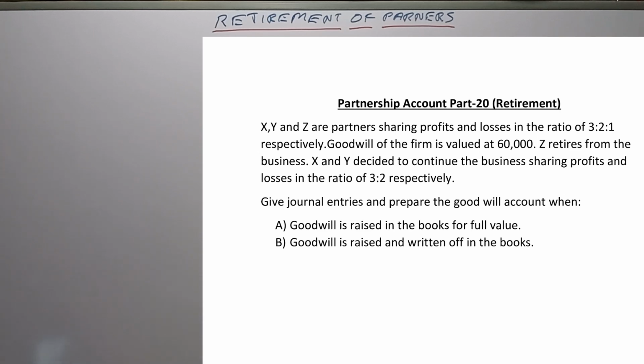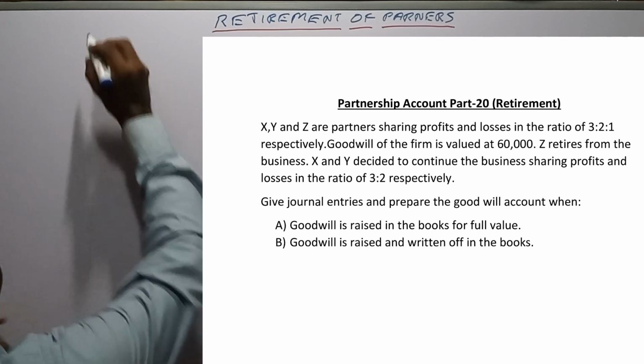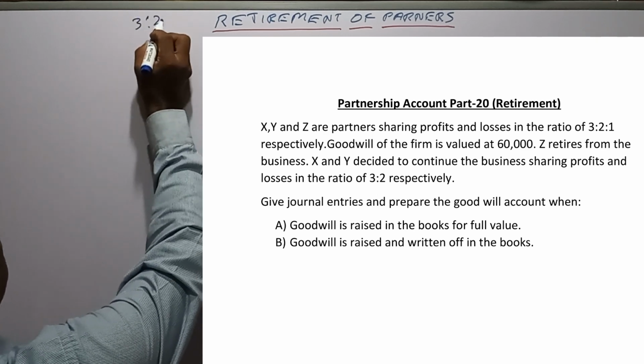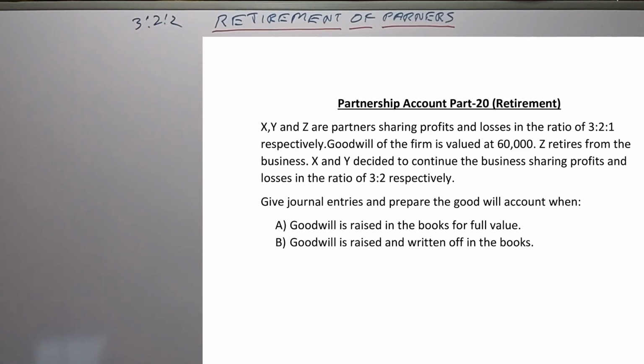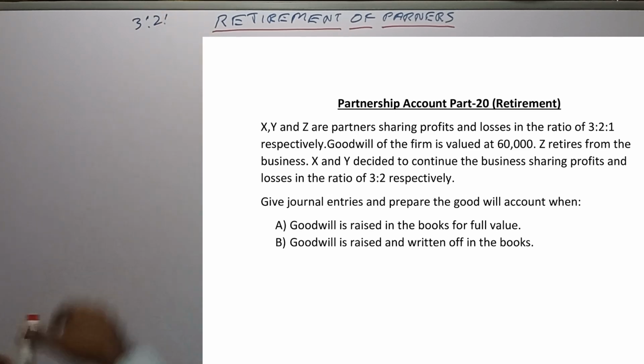X, Y and Z are partners sharing profits and losses in the ratio of 3 is to 2 is to 1 respectively. Goodwill of the firm is valued at 60,000.